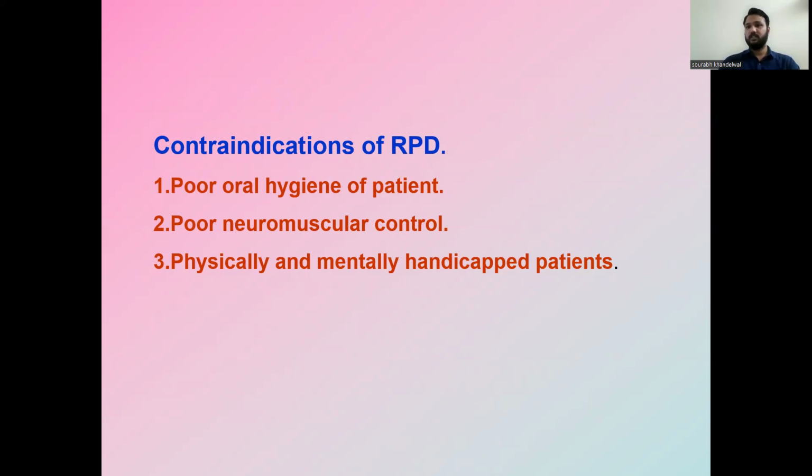So it is very challenging for a handicapped or mentally challenged patient to wear a removable partial denture, and there are also chances of swallowing it. So it is better, if possible, to give a fixed prosthesis to that kind of patient if they can afford it.